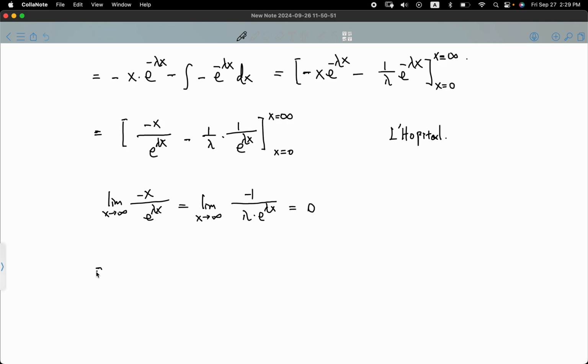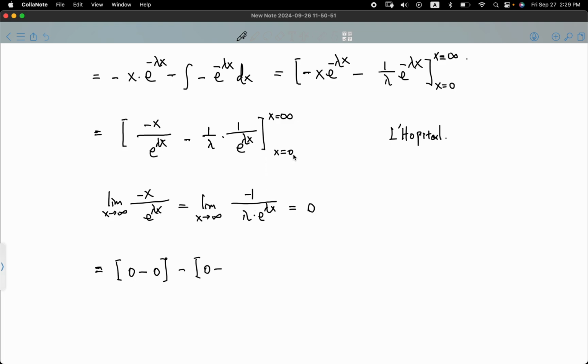So let's continue with this equation here. When you evaluate the limit as x goes to infinity, you will have a 0 as we did here. And when you plug in infinity to the second term, you will also have a 0. And now you need to subtract the difference when you plug in x equals 0. When you plug in x equals 0, this is just a 1, and this is 0, so you have another 0 here.